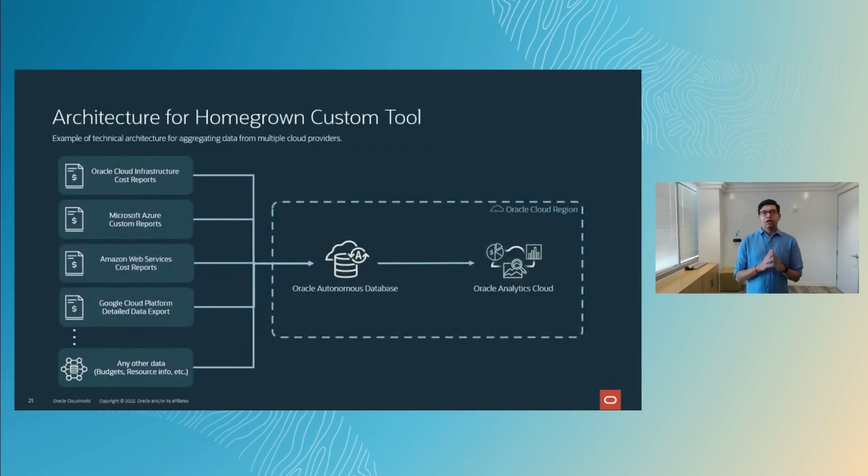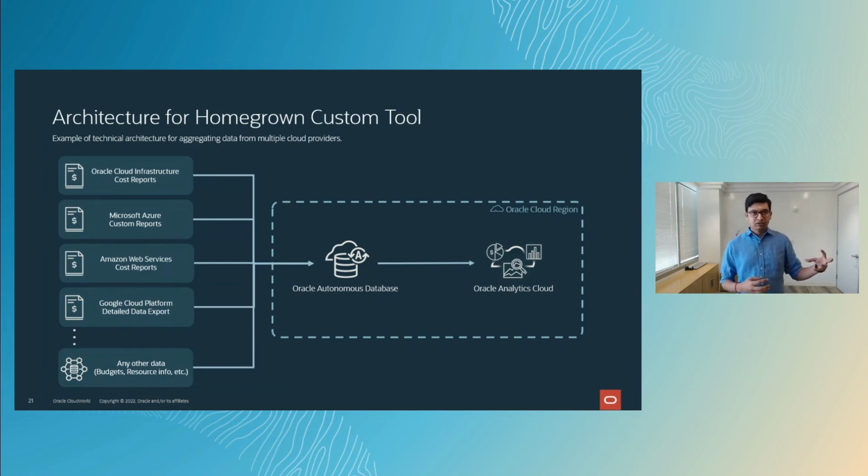Lastly, I want to present an architecture that can help you build a homegrown tool to visualize all these costs together. As I mentioned, the primary data source is going to be the cost reports, since they are available across all providers in different ways.